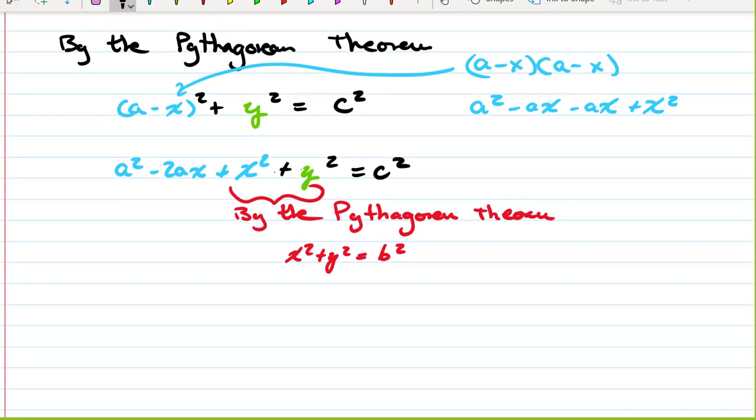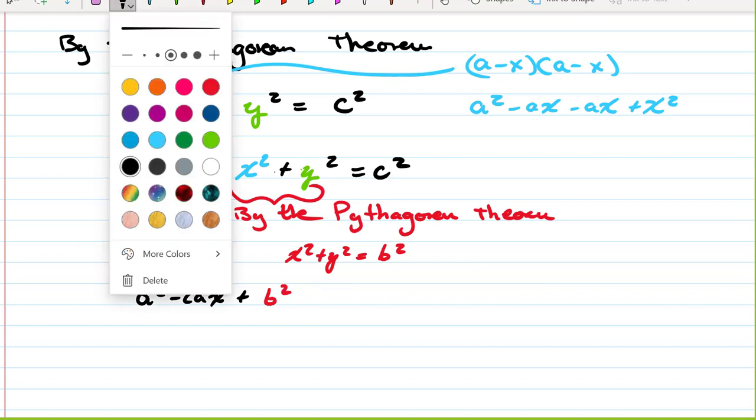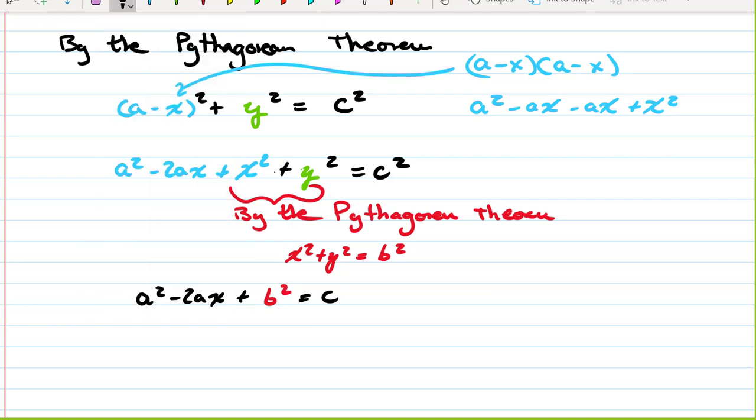Putting that together, we get a squared minus 2ax plus b squared is equal to c squared.